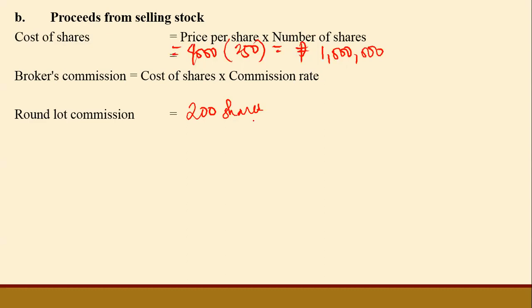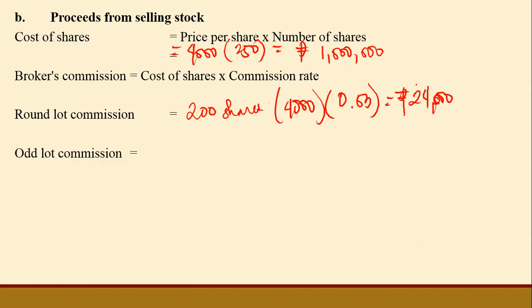Okay, so 200 shares times 4,000 times the commission rate of 3%. So this is now equal to 24,000 pesos. For the odd lot commission, it has 50 shares times 4,000 price per share times the commission rate of 4%.